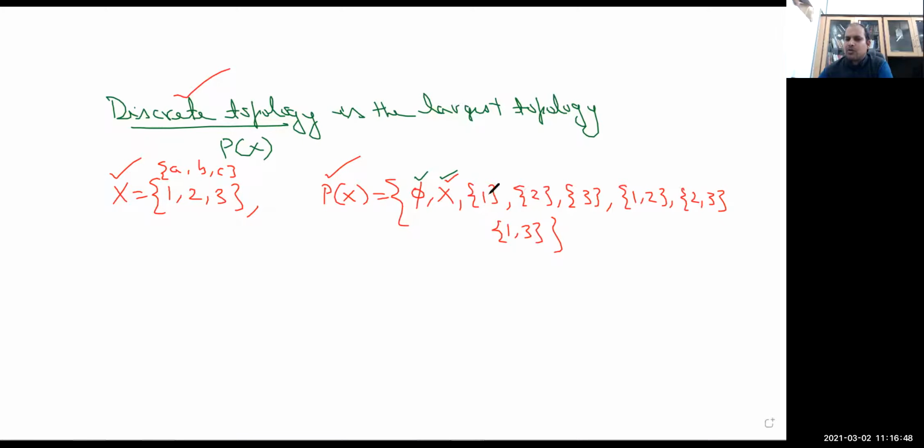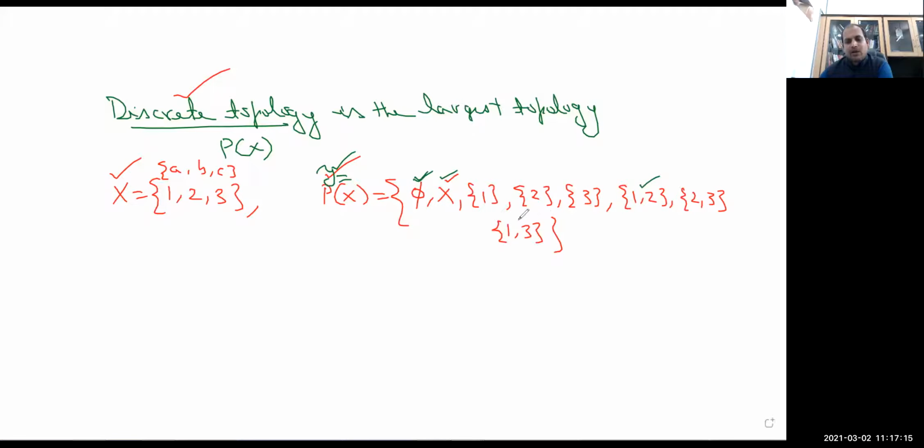For example, the union of {1,2} with {1,2} is {1,2}, which is already in T of X. You can call this T or the power set of X. You can check that an arbitrary union of all these members is again in T, and finite intersections too: the intersection of {1} and {2} is phi, so phi is already there. The intersection of {1} and {1,2} is {1}, so singleton 1 is there. In this way this is going to form a topology.